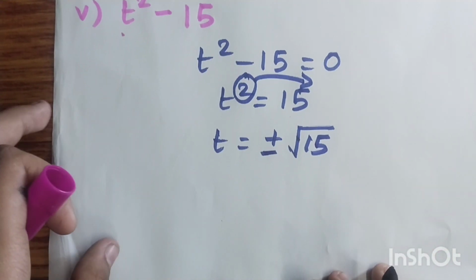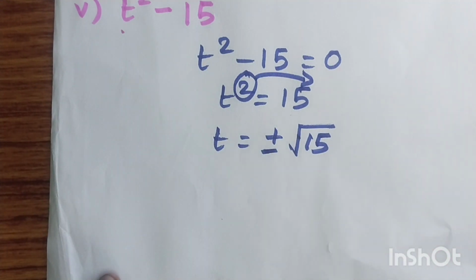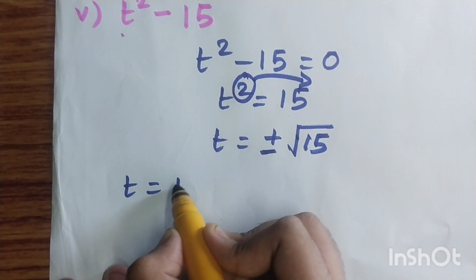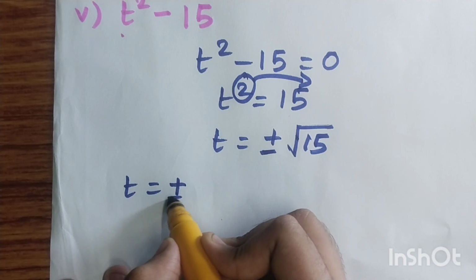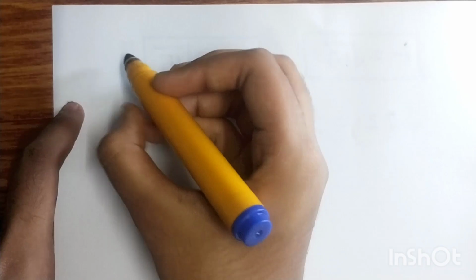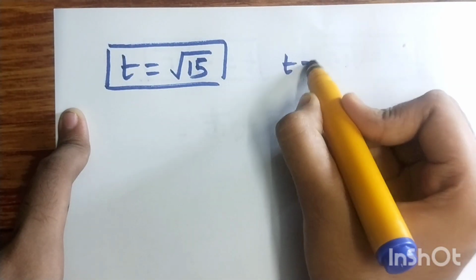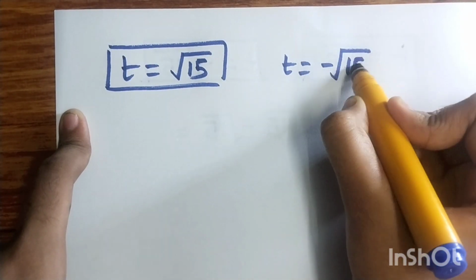For root 15, there is both a positive and a negative value. So I can write two values, which is t equal to plus root 15 and t equal to minus root 15.